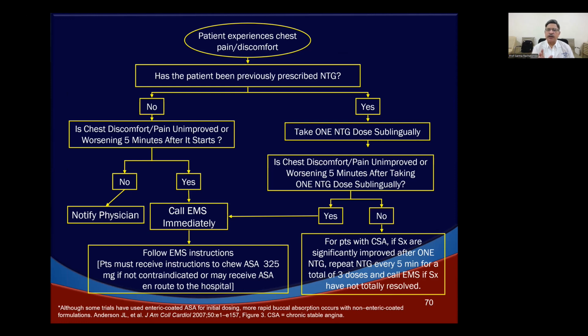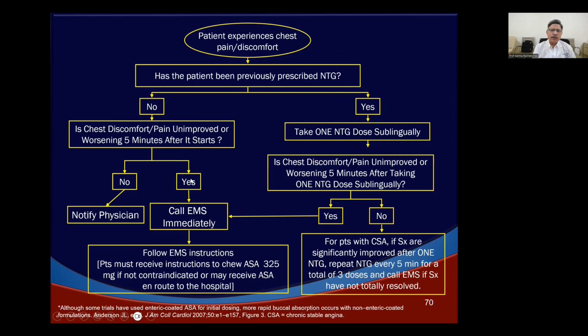No, it is not worsening and it has improved after the nitroglycerin. If the patient has CSA and symptoms are significantly improved after one nitroglycerin, repeat the nitroglycerin every 5 minutes for a total of 3 doses and call EMS if symptoms continue. Okay. Now the other way around. The patient has chest discomfort, pain unimproved, and the patient was never prescribed earlier, and pain is worsening after 5 minutes.